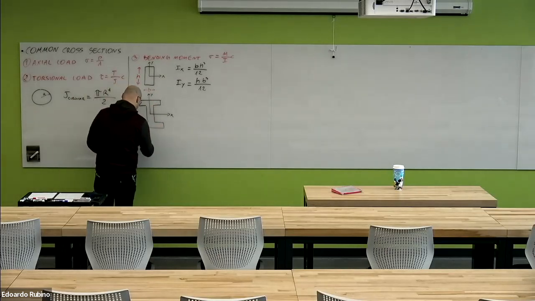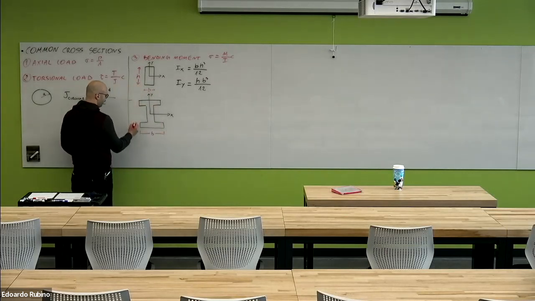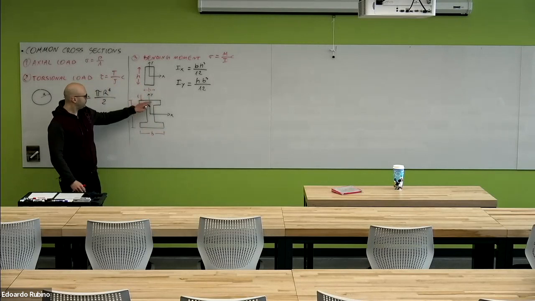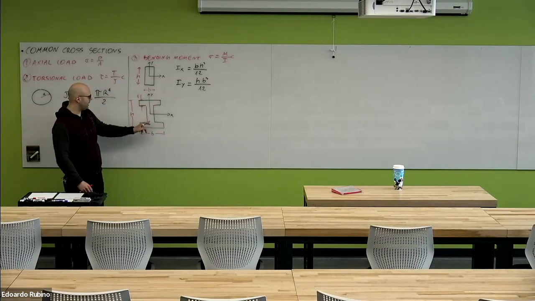Also, we assume that this distance is b. Then we have the height from here to here, which is h. And then we also have that the thickness of the top flange, bottom flange, and web are all the same.